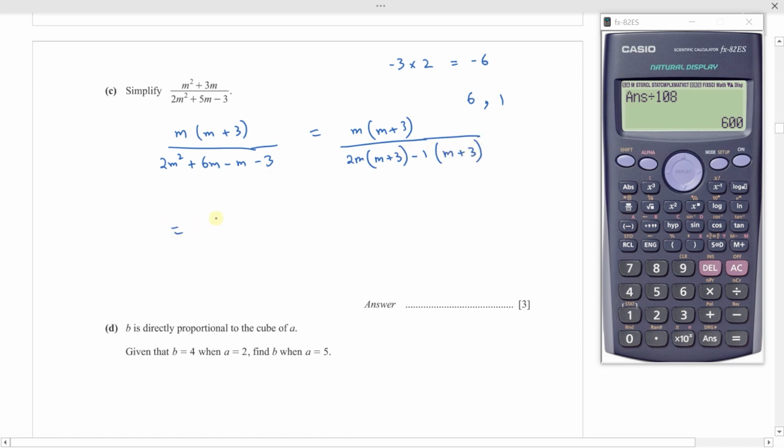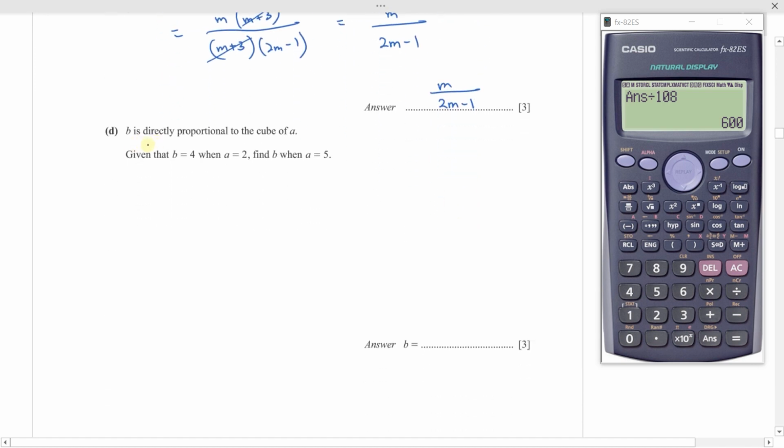So the numerator again remains the same. In the denominator, I will get m plus 3 times 2m minus 1. This m plus 3 and m plus 3 cancel out, and then I'm left with m over 2m minus 1. So this will be your final answer.